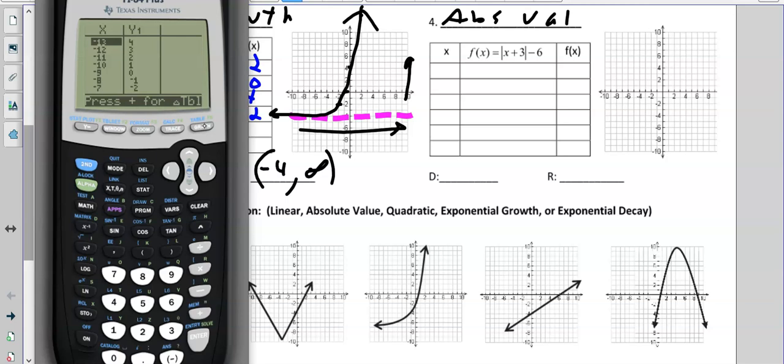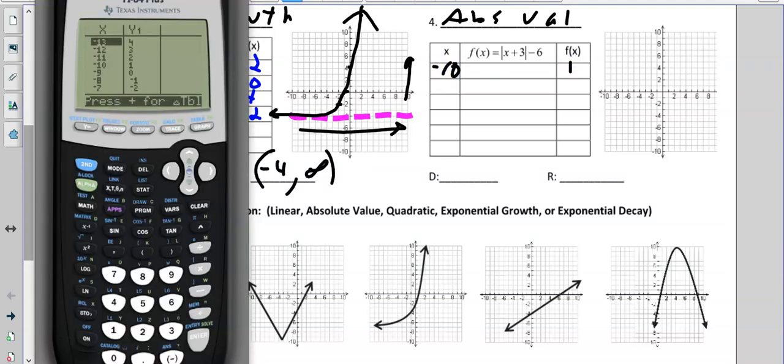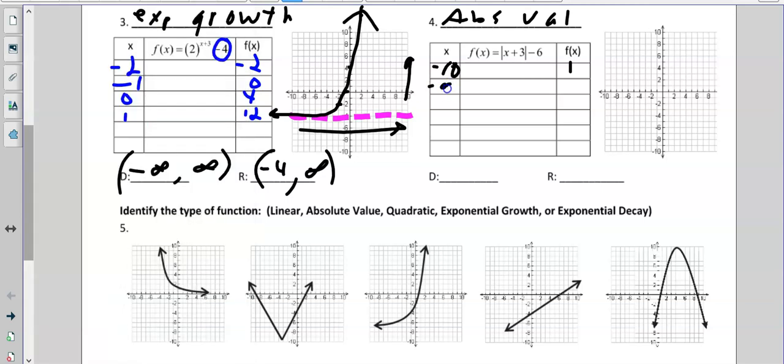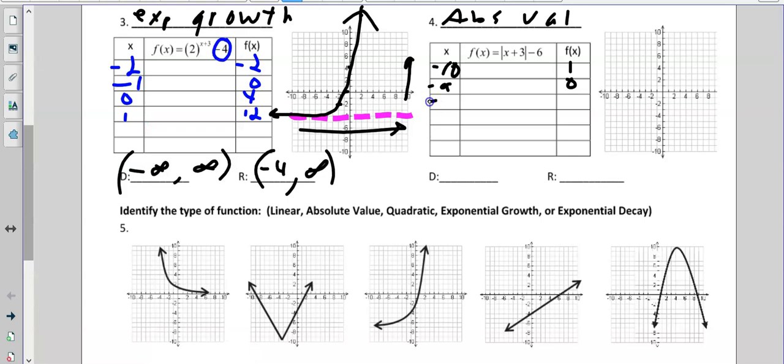All right? So I'm going to have some points. -10, 1 is going to be my furthest one to the left. Put that up the top here. And then -9, 0. I'm going to skip a few. -5, -4.